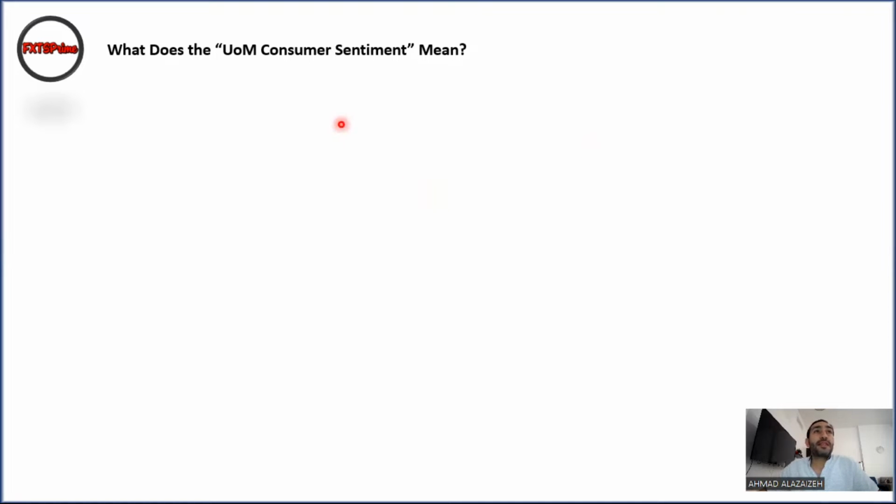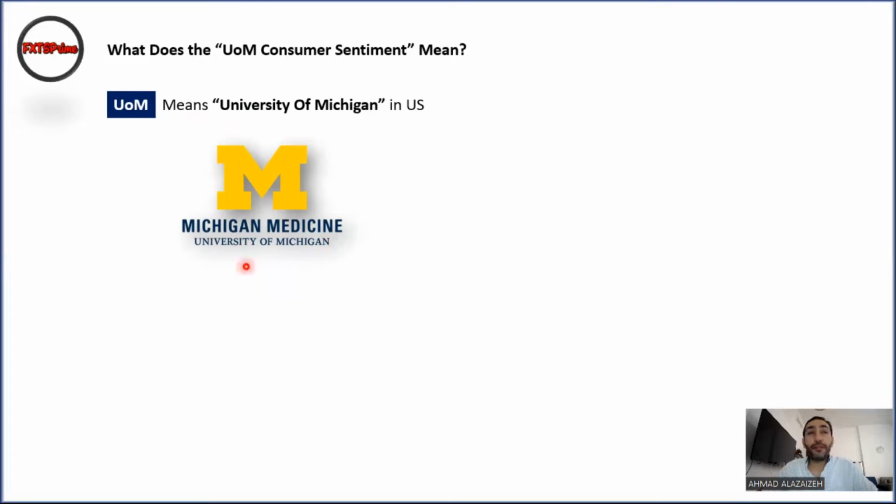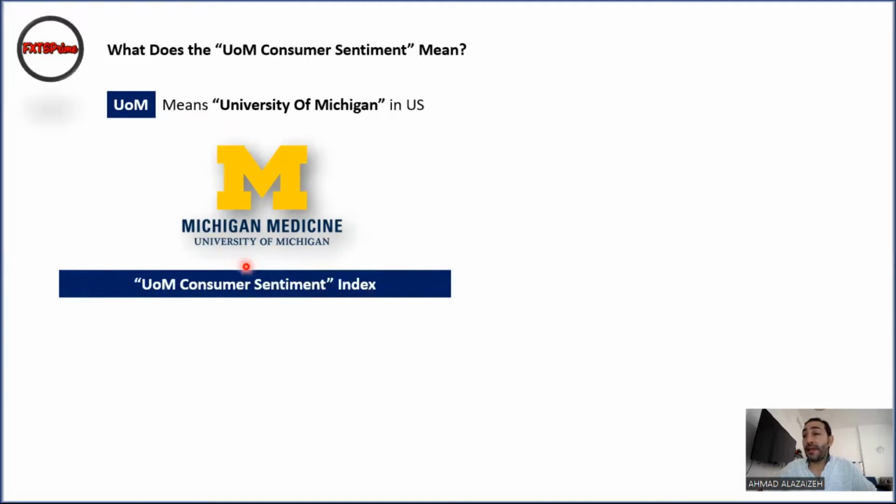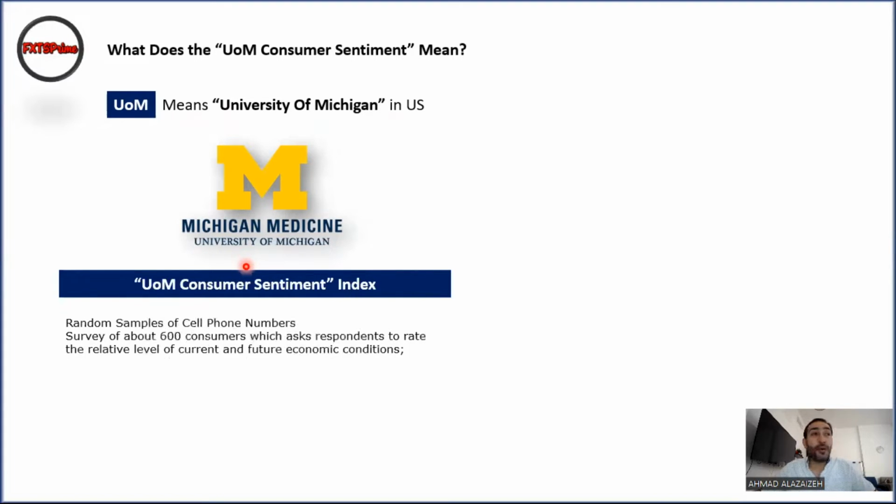So what does the UoM Consumer Sentiment mean? UoM means University of Michigan in the US. This university is preparing an index, and that index is called the University of Michigan Consumer Sentiment Index. So what is this index all about?